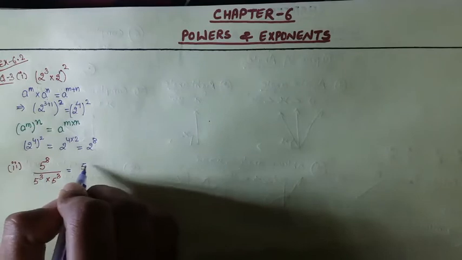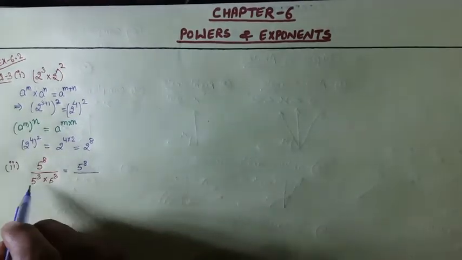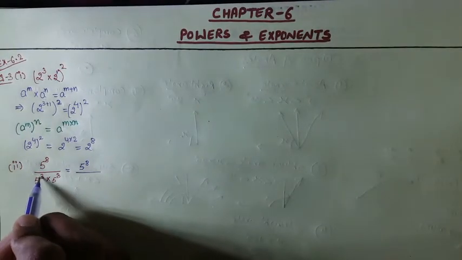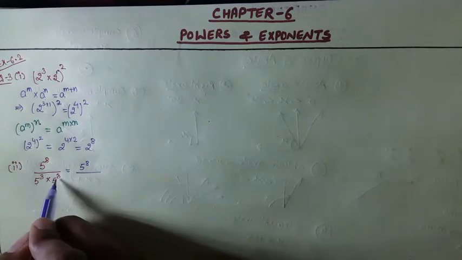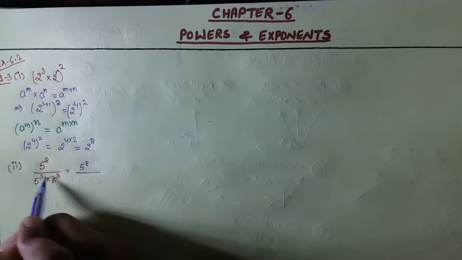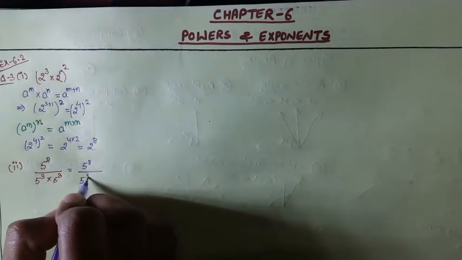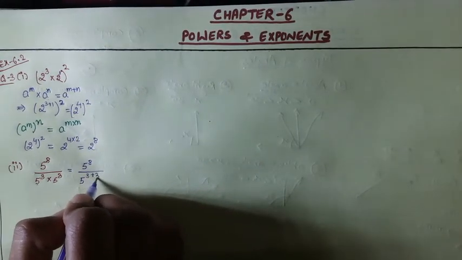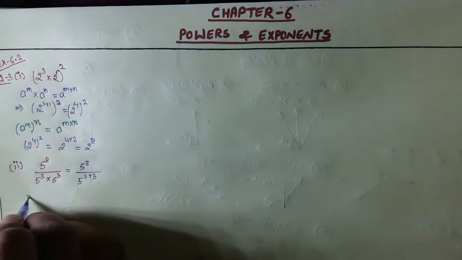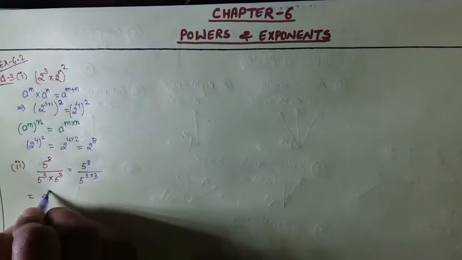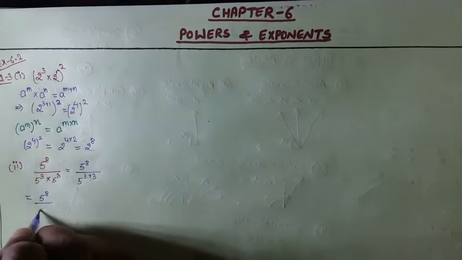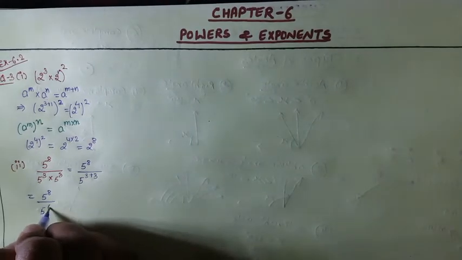Again, just like the first one, this is in the form of a to the power m into a to the power n, which means we are going to add up the powers. This will become 5 to the power 3 plus 3, so we get 5 to the power 8 divided by 5 to the power 3 plus 3, which is 6.